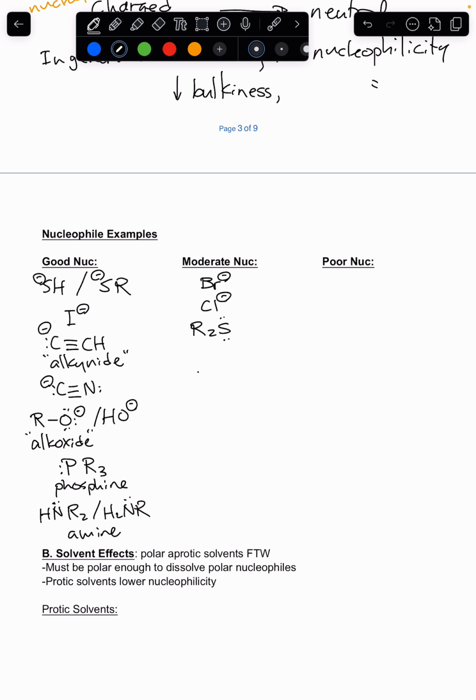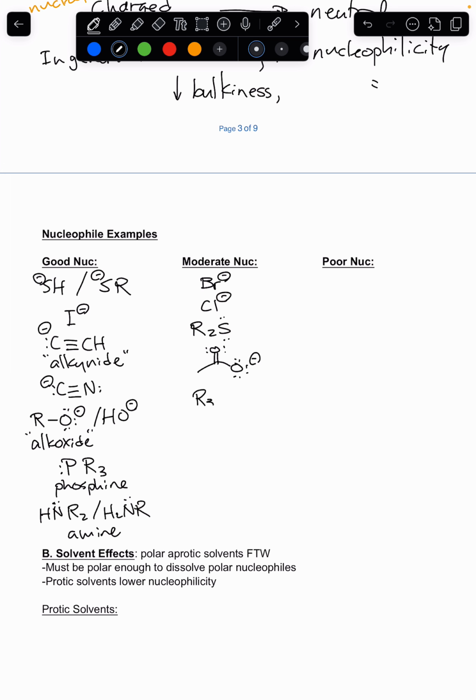And then acetate or carboxylate is not an excellent nucleophile, but it's a decent nucleophile, again because of the negative charge, but also because through resonance it's very polarizable.